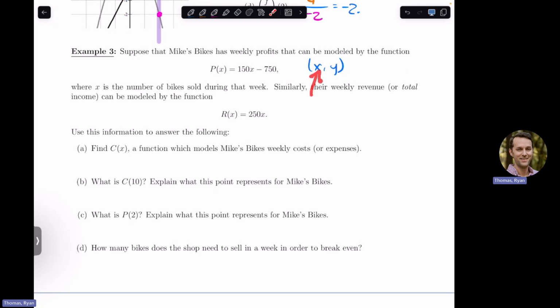What's X? Number of bikes they sold during a given week. And what's Y? Not revenue, but profit.